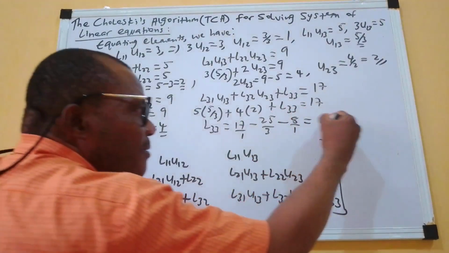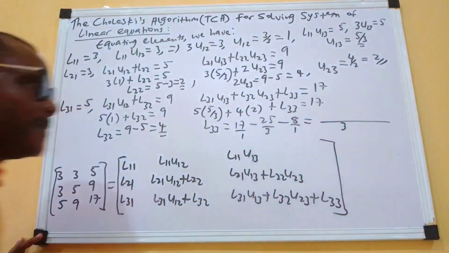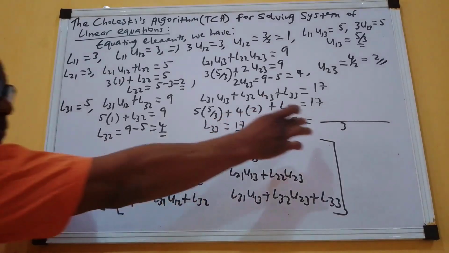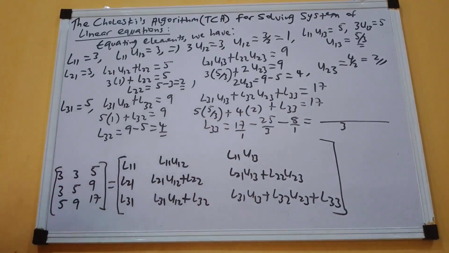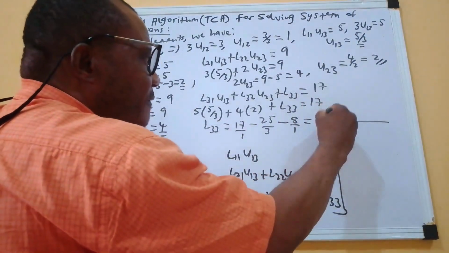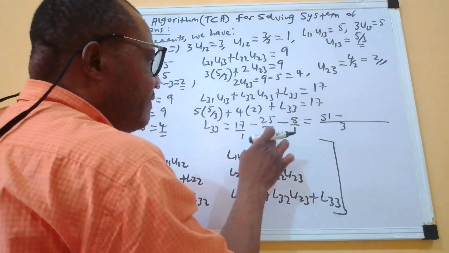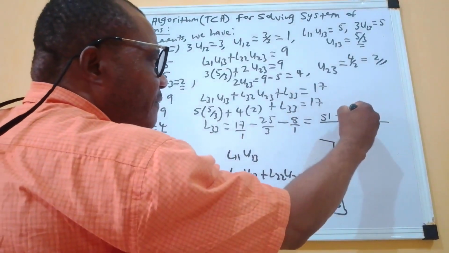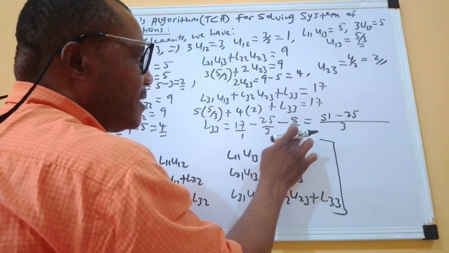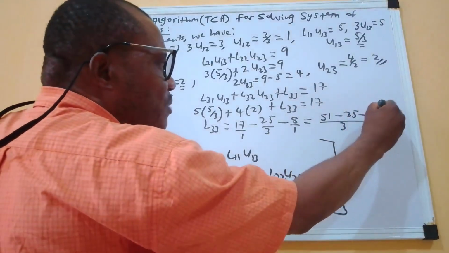So we can take our LCM to be 3. If our LCM is 3, 3 divided by 1 is 3. 3 times 17 is 51. So we are coming here, you're going to have 51 minus 3 divided by 3 is 1, 1 times 25 is 25. Then 3 divided by 1 is 3, 3 times 8 is 24, minus 24.